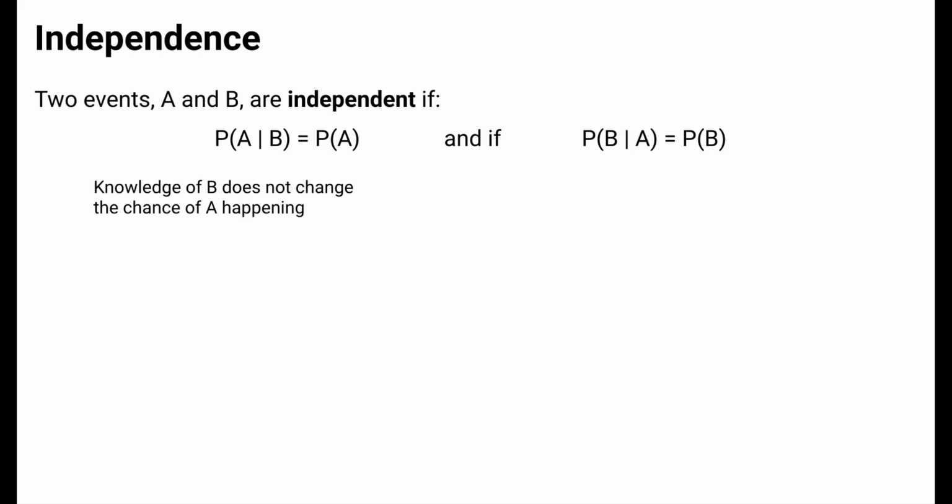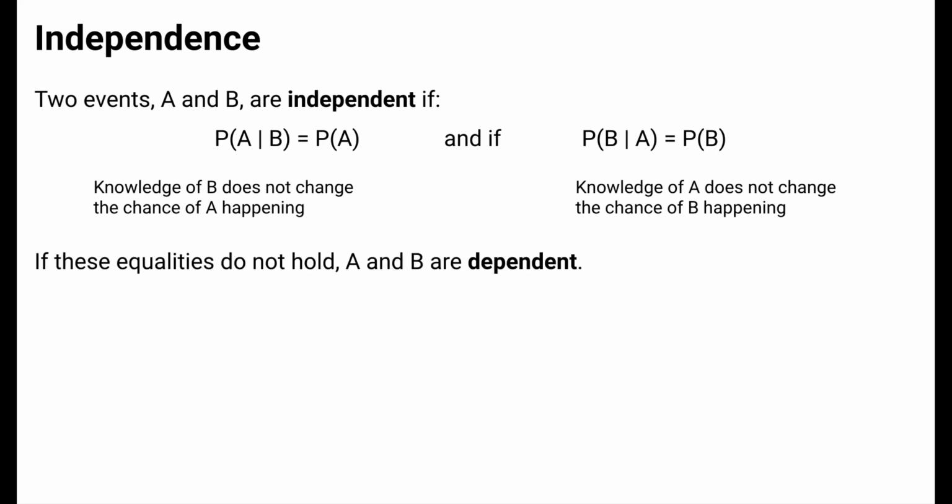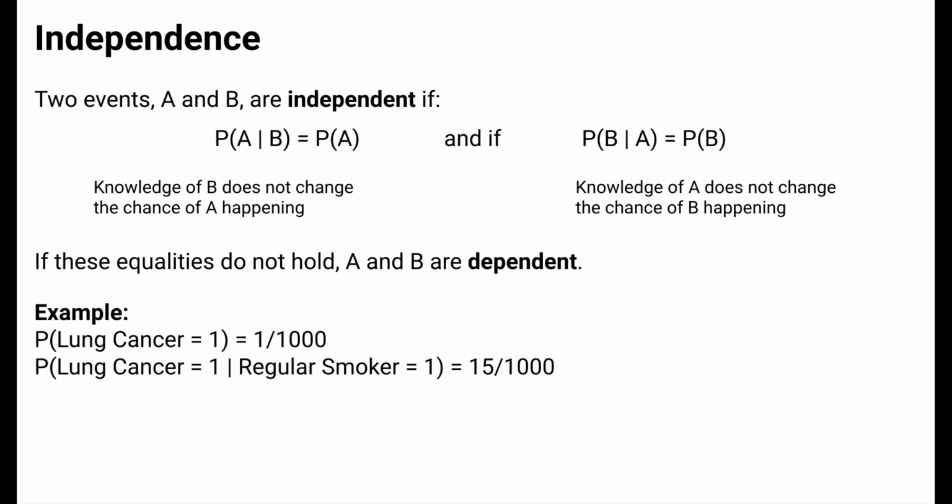Another way to put this is that knowledge of B does not help us better predict if A will happen. Similarly, knowledge of A happening has no bearing on the chance that B happens. Knowledge of A does not help us better predict whether B happens. If these equalities do not hold, we say that events A and B are dependent.